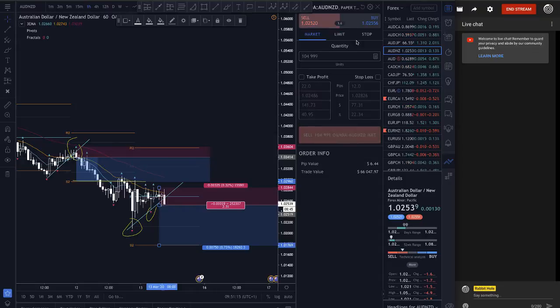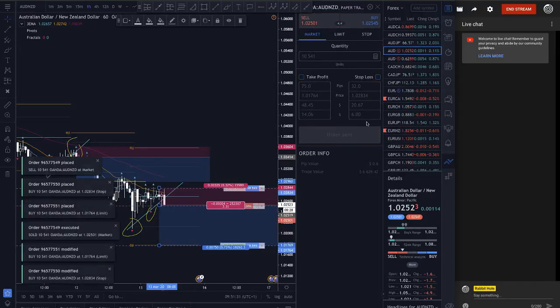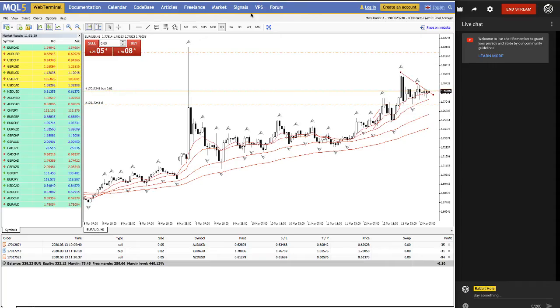Okay, and the best thing about using actual TradingView is I simply love it. Just type in the pips, 32 pips, 75 pips profit, 6% risk, and off we go. That's it. Now it's 10. Aussie New Zealand, Aussie New Zealand.